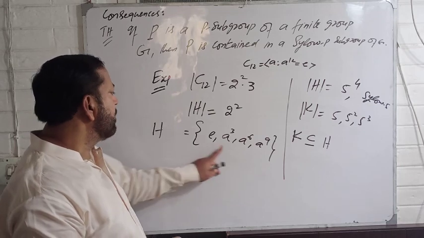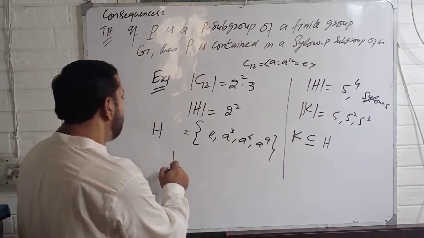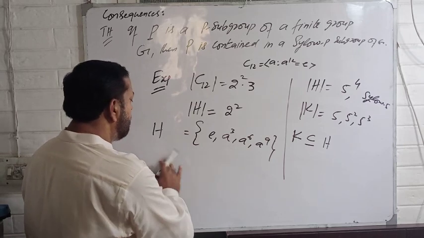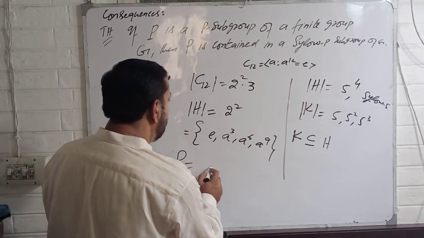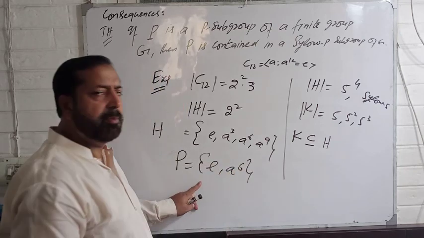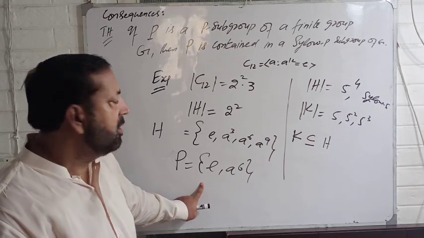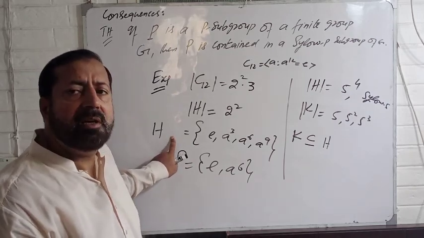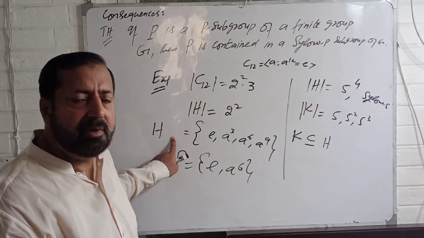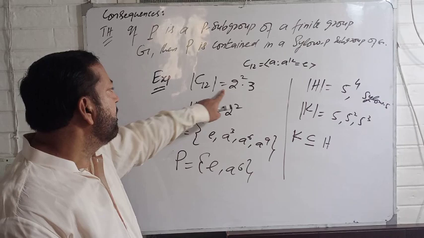So here H is a Sylow-p subgroup, and there is a subgroup K, which is P. This is also a subgroup, {e, a6}. It's a 2-subgroup because the order of P is 2. It's a p-subgroup. But H is a Sylow-p subgroup as well, because 4 is the highest power which divides the order of C12.